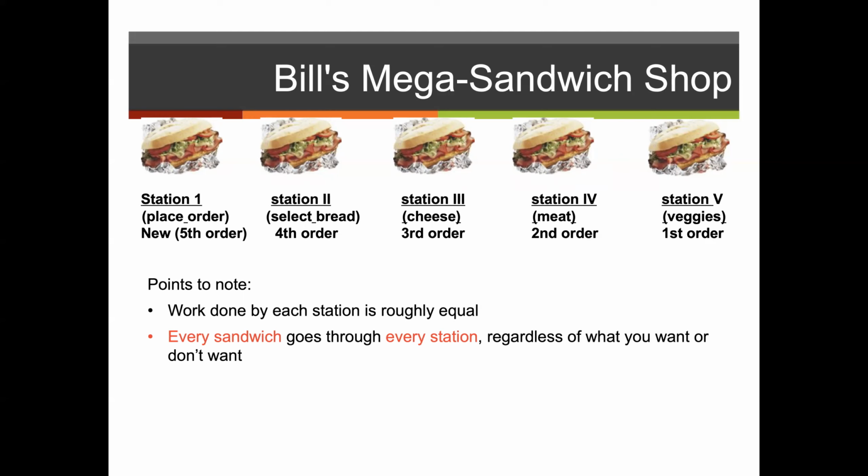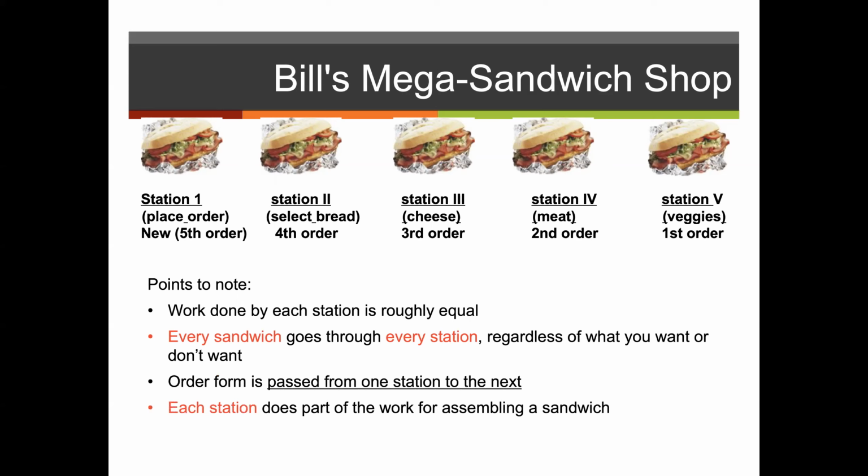Some might just want meat, some might want cheese only, some might want veggies, cheese, and meat. But what is always required? The order form is passed from one station to the next. So each station is basically going to need that order form in order for it to do its part and process each component required for assembly.